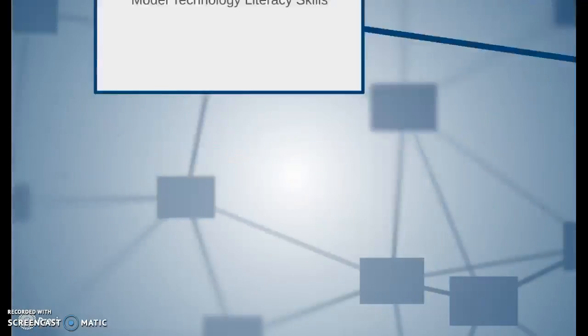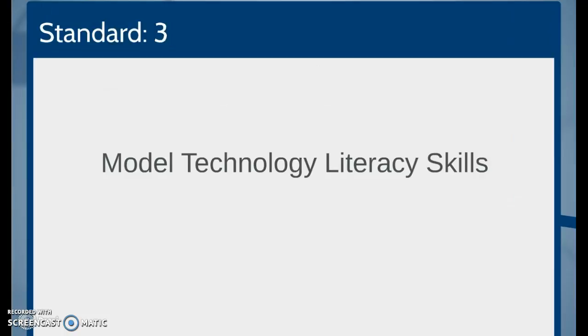So now, after using this lesson, I am going to use it as a model for teaching technology literacy skills and how using technology as a learning tool enhances curriculum. It also reminds teachers that technology is a gift, not a curse. So I believe this definitely met Standard 3 because of the use of technology and modeling technology literacy skills.